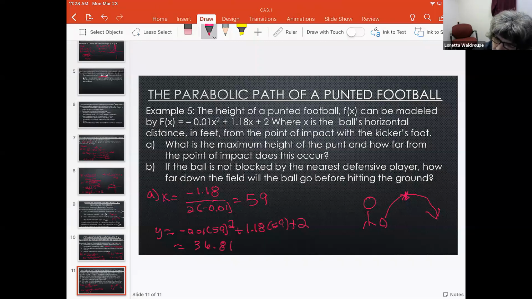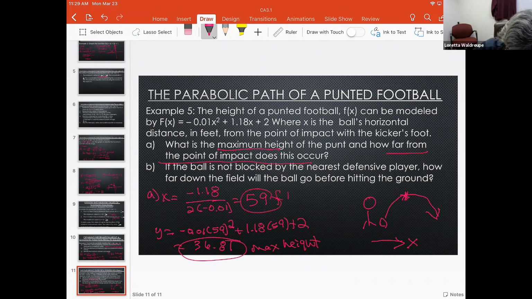The x value is how far out it was before it reached the maximum, but the actual maximum is your y value. So what's the maximum height? And then it says, how far from the point of impact does this occur? It occurs 59 feet. Okay, questions?